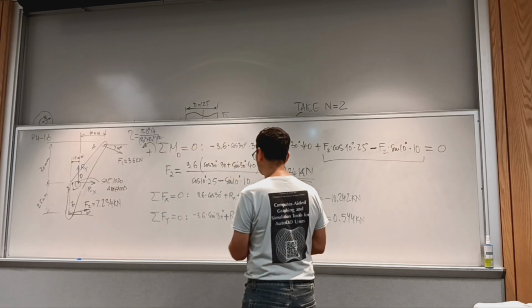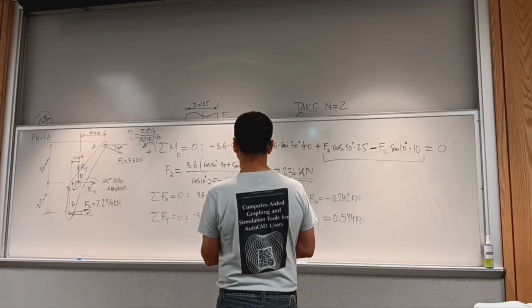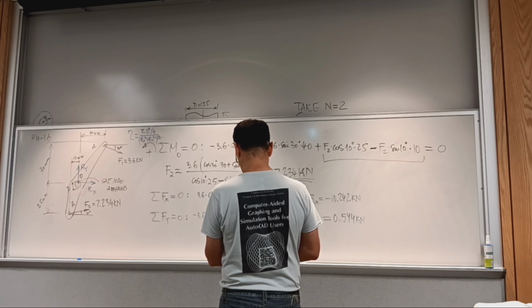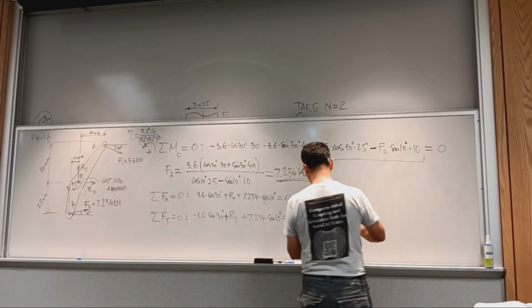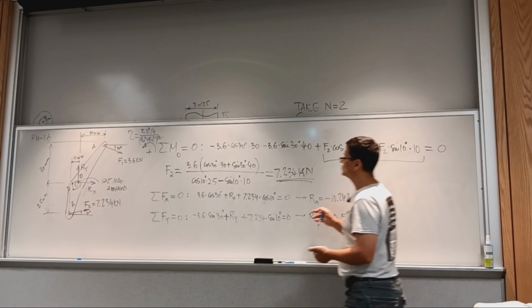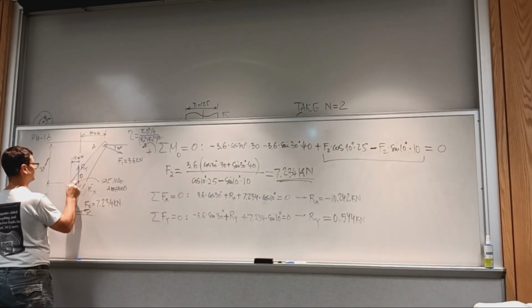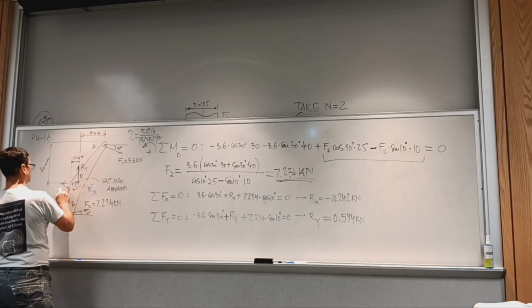I've got a totally different number. You can tell that I haven't had lunch. So 3.6 times 30 sine, negative 7.234 times 10 sine equal. Yes, and this is positive. So it means that Rx is actually this other way, and Ry is as shown.